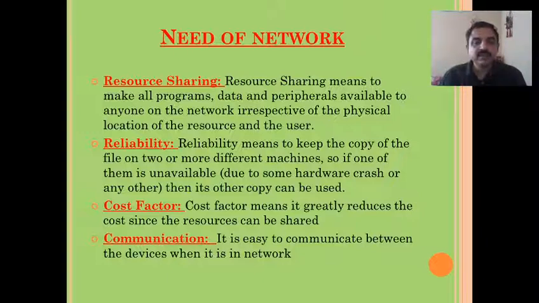Cost factor. Cost factor means it greatly reduces the cost since the resources can be shared. So using a computer network we can share the resources, so we don't need to spend much for each of the resources. For example, we have a printer, we don't need a printer for every system.